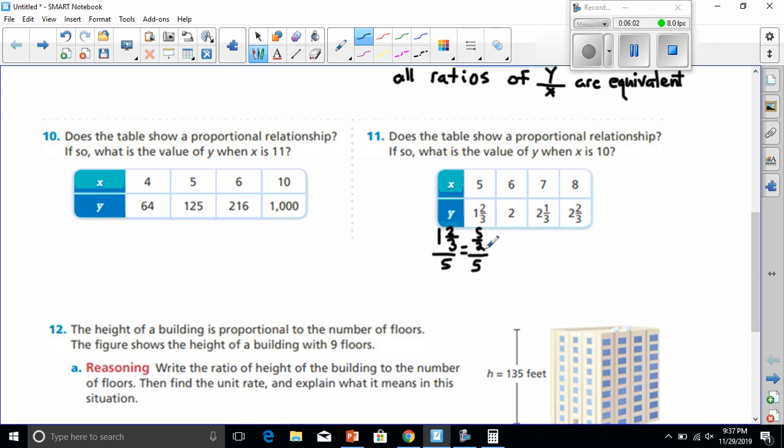So this is actually going to become 5 over 2, and we're going to have to multiply this by the opposite of 5 over 1, which is 1 over 5. Now I realize we can cross out this 5, and this is really going to be 1/2.